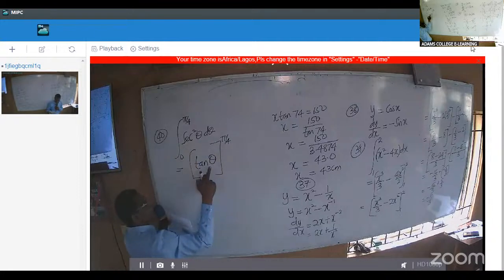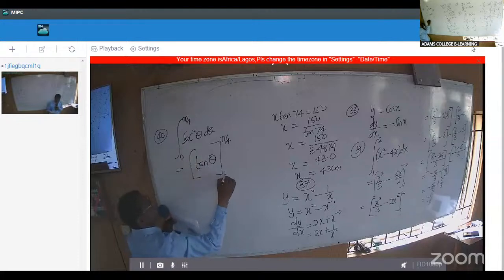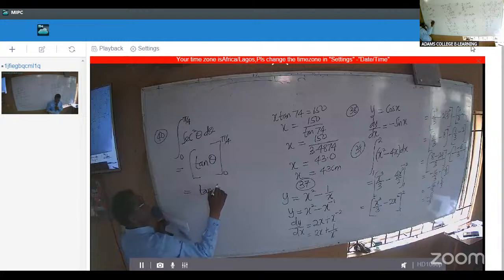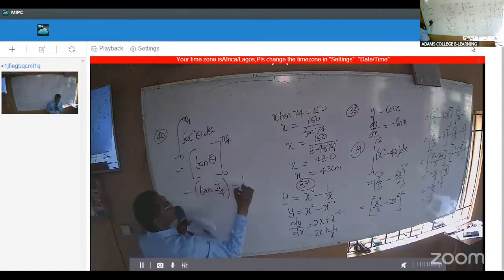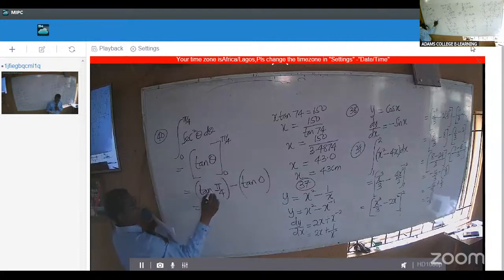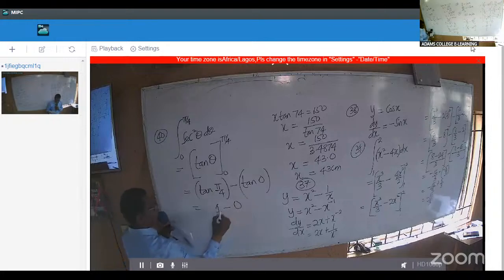That's why we are doing revision. Integrate sec squared, you get tan. And now put pi over 4. That will be tan pi over 4 minus tan 0. Pi is 180, Abi. What's 180 over 4? What's tan 45? What's tan 0? What is 1 minus 0? 1.